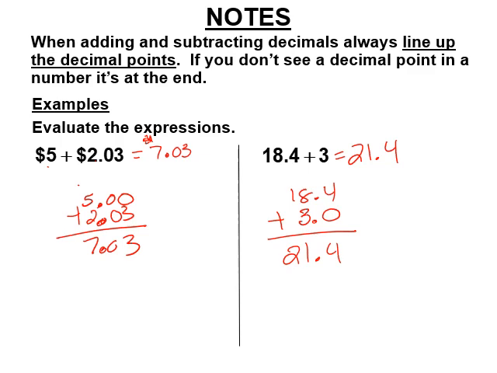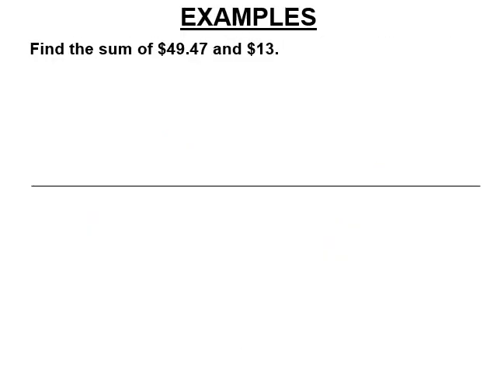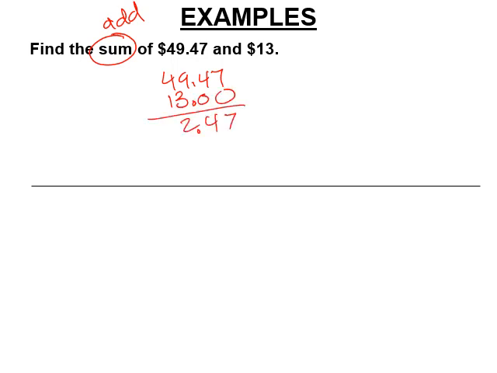No, the 3 has to go under the 8. So sum is another word for add. So we're adding these up. Notice I don't put the dollar signs up there, only on the answer.